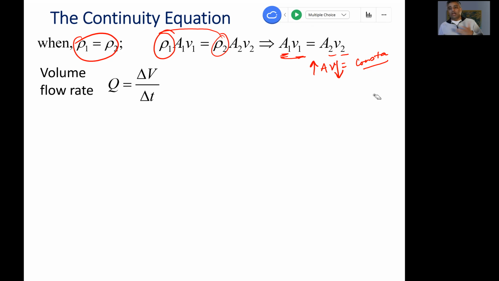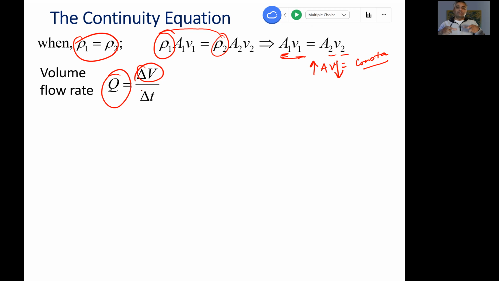And we can also write flow in terms of volume rather than mass. Volume flow rate, we denote by uppercase Q usually, okay? It is basically how much volume is changing with time, or how much volume of water you are collecting over time.